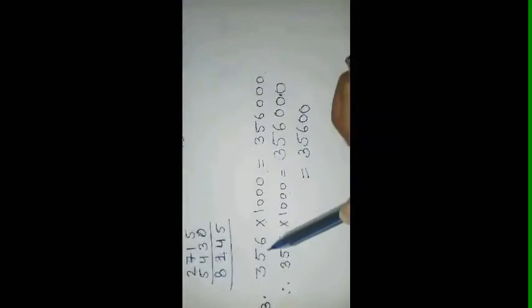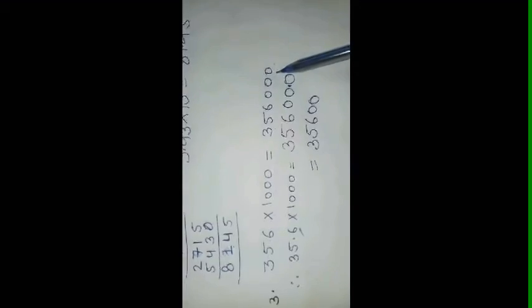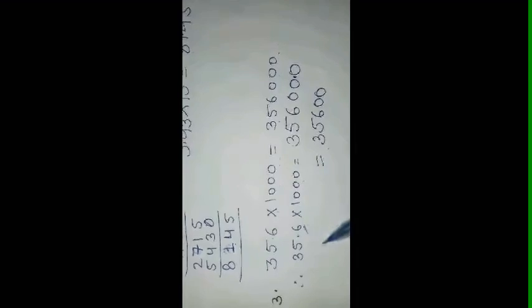Next, multiplication of decimal by thousand. Again forget the decimal point and multiply 356 by 1000, and the product is 3,56,000. Next, see the number of digits after the decimal point is 1, here 0. So the total number of digits after the decimal point is 1.